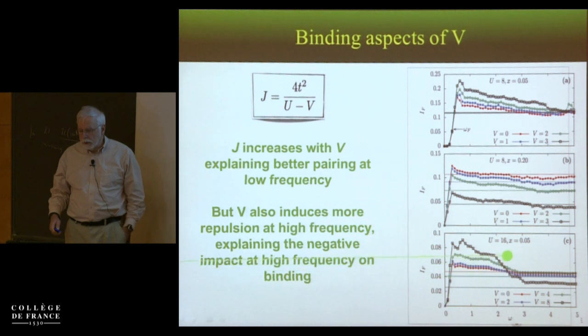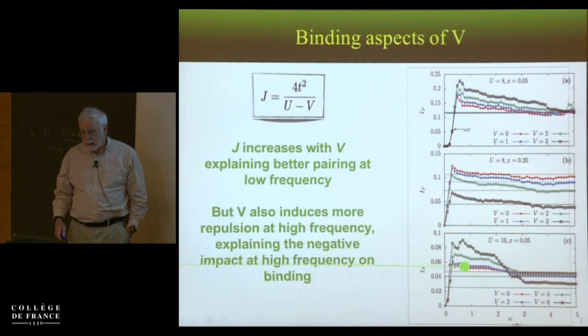Take the extreme case, U equals 16. With U equals 16, V equals 0, you see at low frequency, I go to this value of the cumulative order parameter. If I take V equals 8, which is the black curve, you see I go much higher. I go almost twice as high as I did here. And if you look at J here for U equals 16, V equals 0, J is 4 over 16.